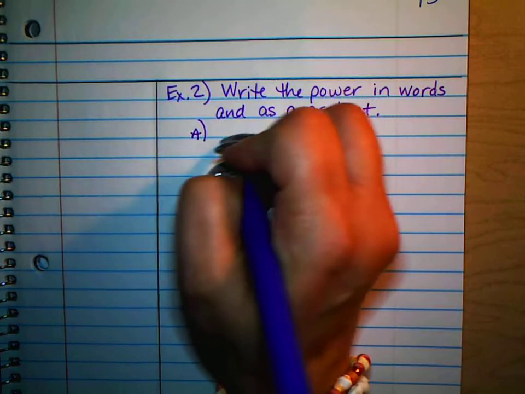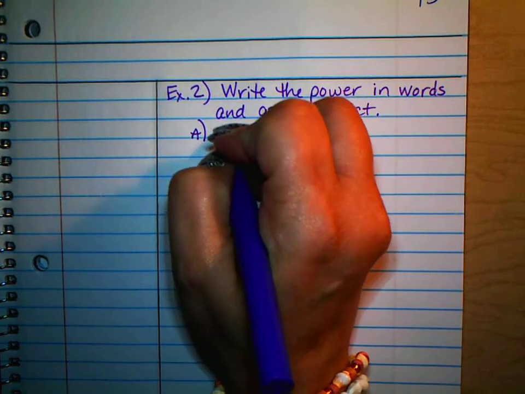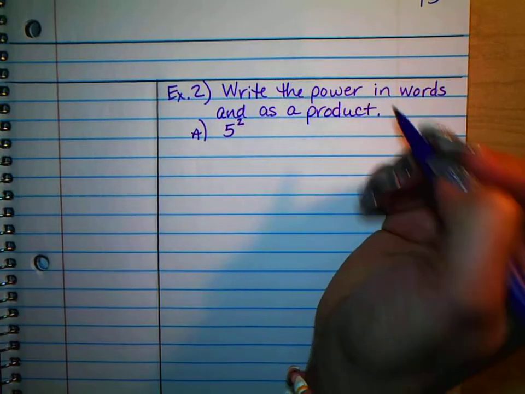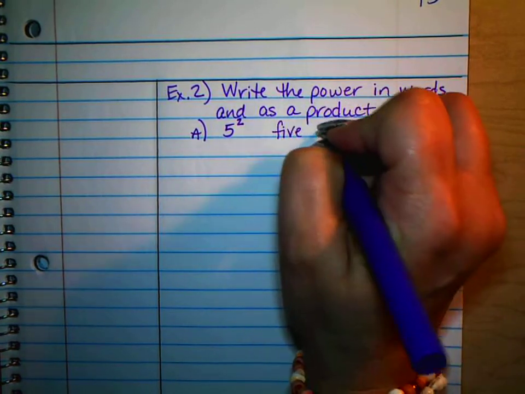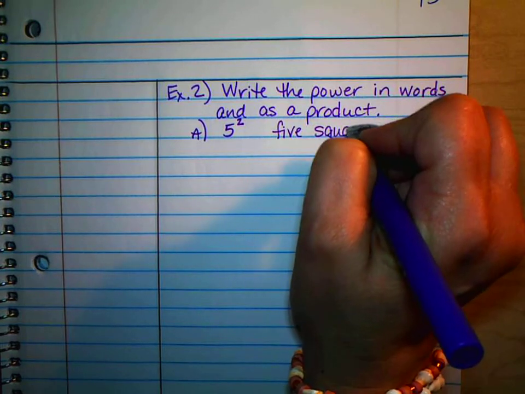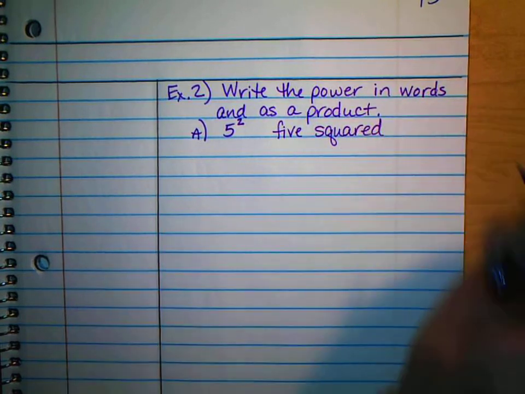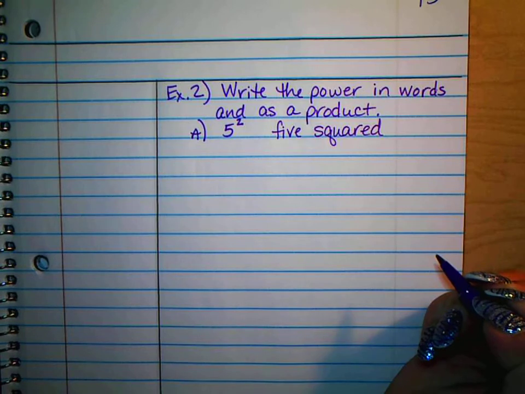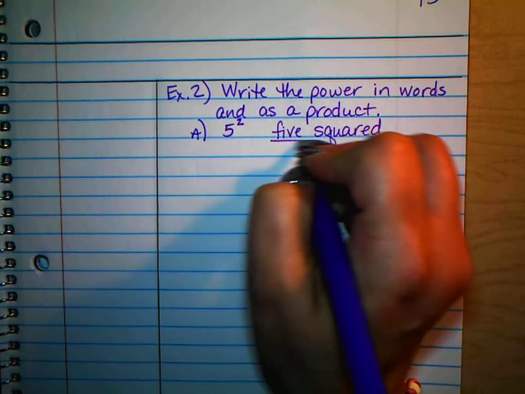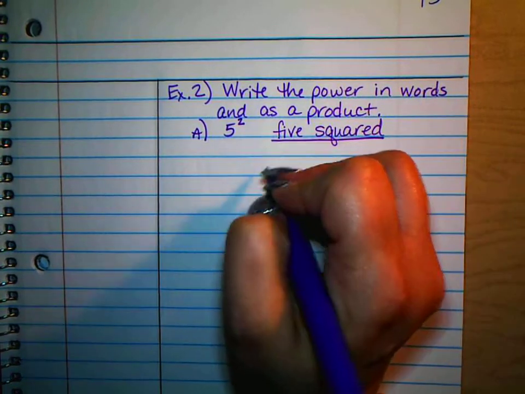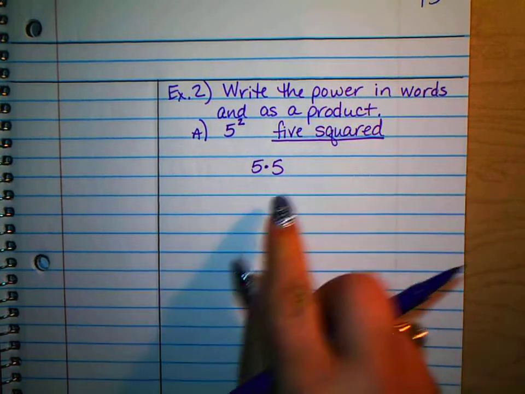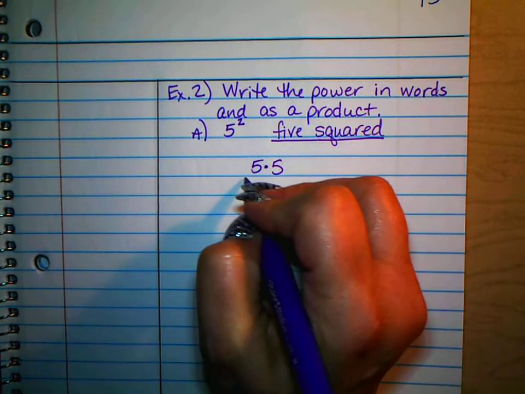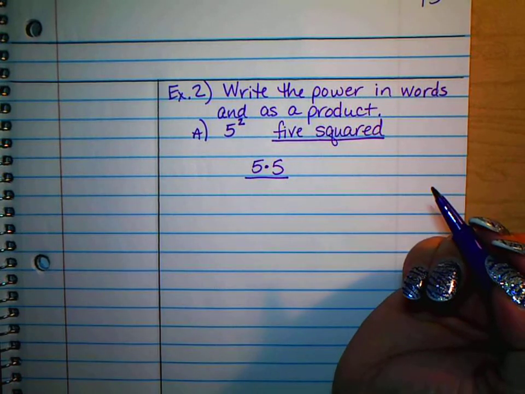Our first one is 5 squared. So my words would be there. Those are the words. And then as a product, what does 5 squared mean? 5 times 5. So there's the product.